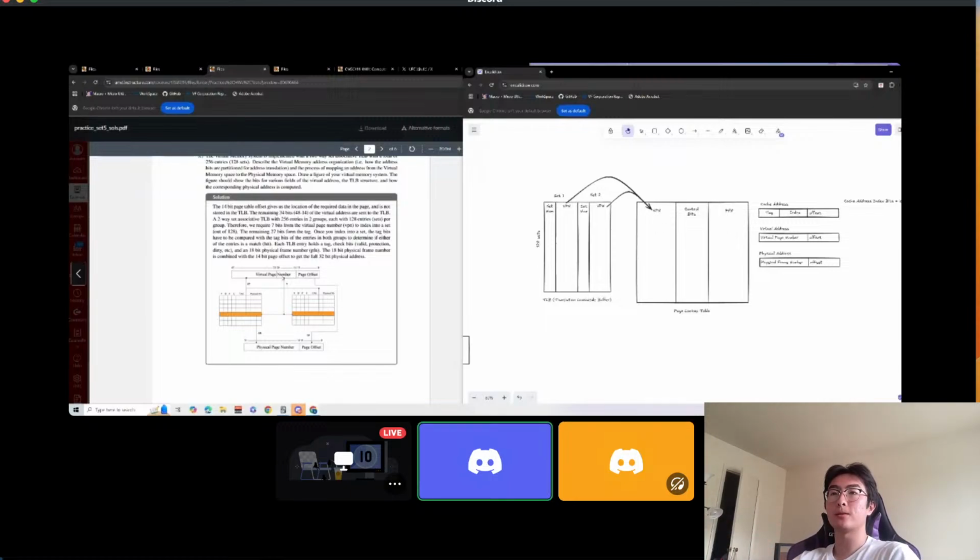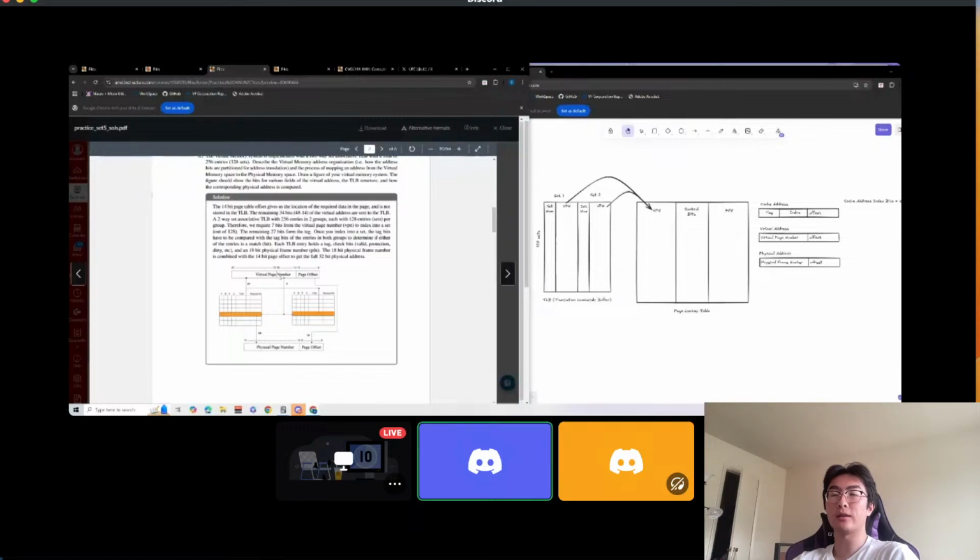Oh, okay. This actually might be 27. So this is the tag, and then this is the index. Okay, this is the page offset. I wonder what do you call this? Like a cache address? So offset is the same then as before. You just store that. No, that's not stored in the cache.